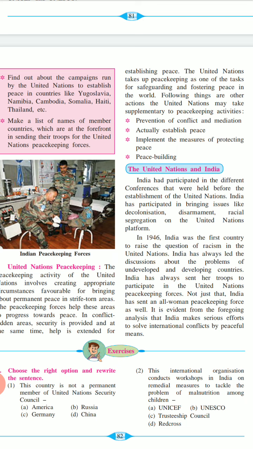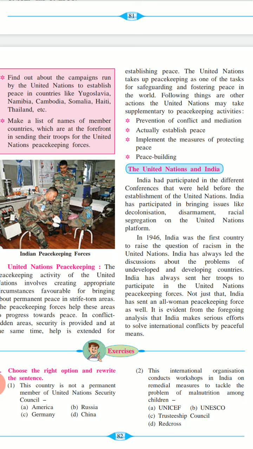In 1946, India was the first country to raise the question of racism in the United Nations. India has always led the discussion about the problems of undeveloped and developing countries. India has always sent her troops to participate in the United Nations peacekeeping force. Not just that, India has sent an all women peacekeeping force as well.